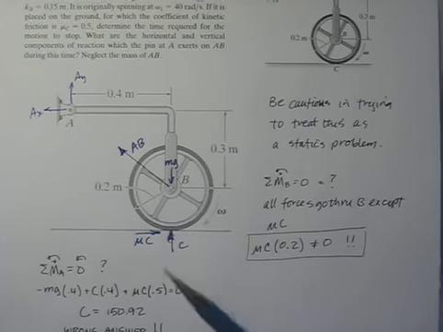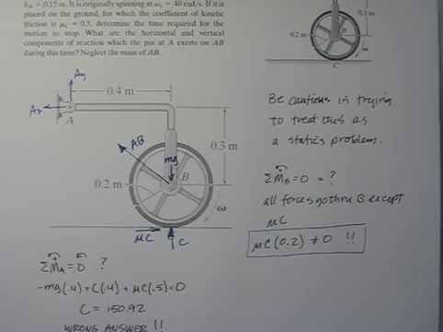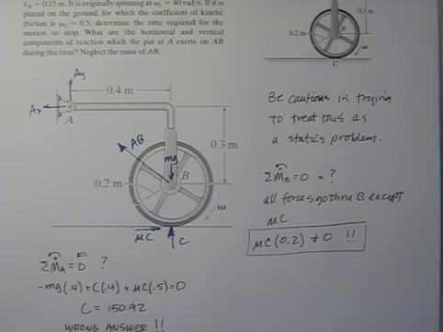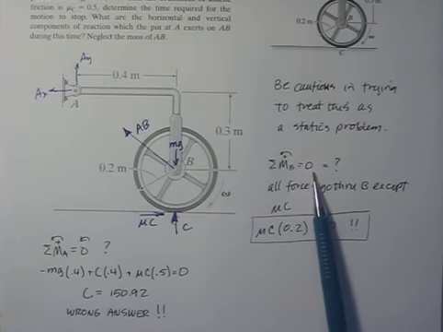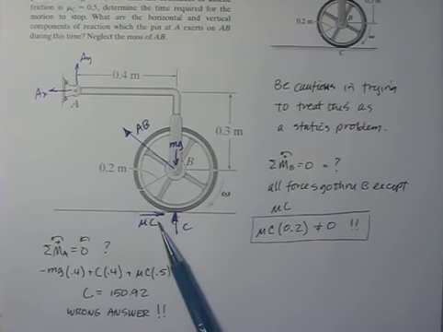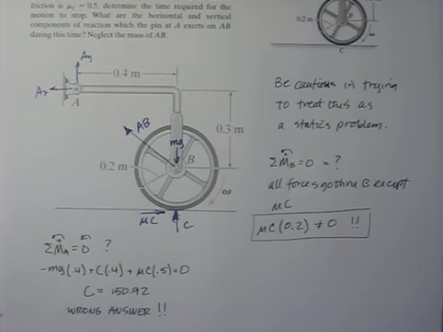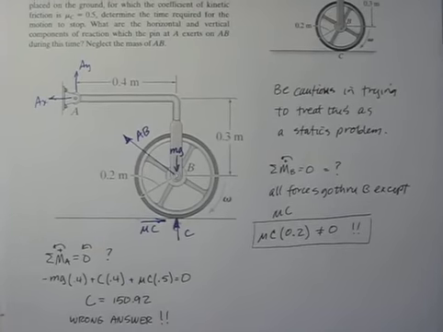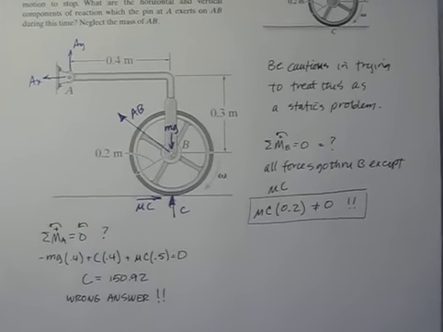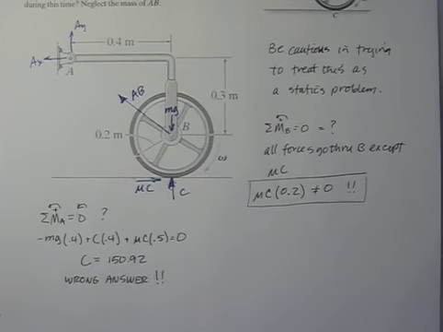But if you were to treat this like a statics problem, you'd say sum of the moments about any point is equal to 0. But clearly that's not the case, because if you sum the moments about B and say that it's equal to 0, then you'd say that mu c is equal to 0, but that is not the case. So anyway, just be careful about how you set up your problem. Make sure that you don't treat it like a statics problem.